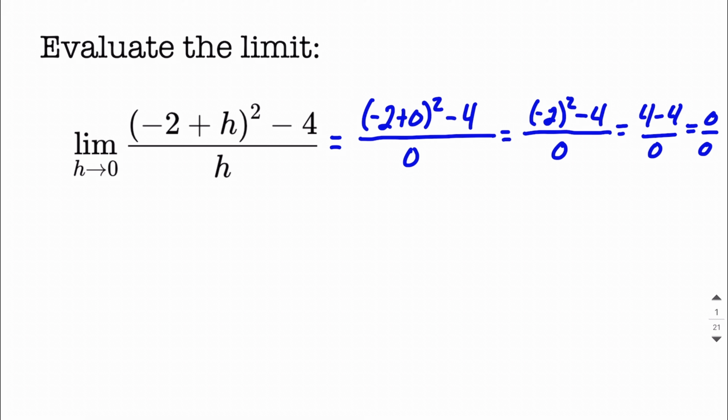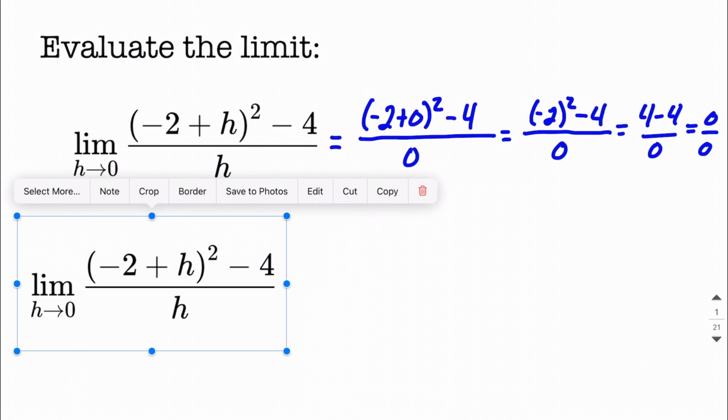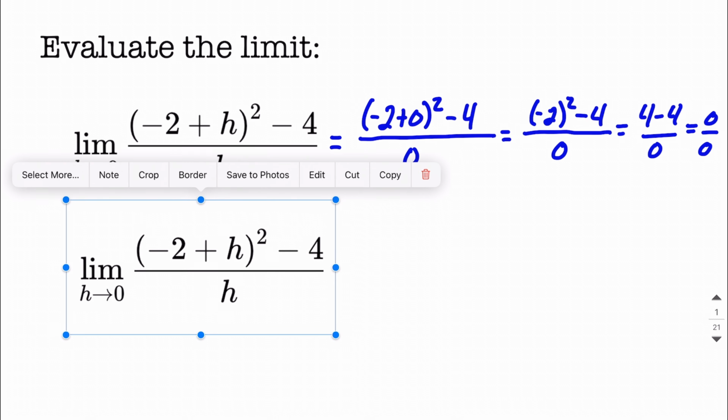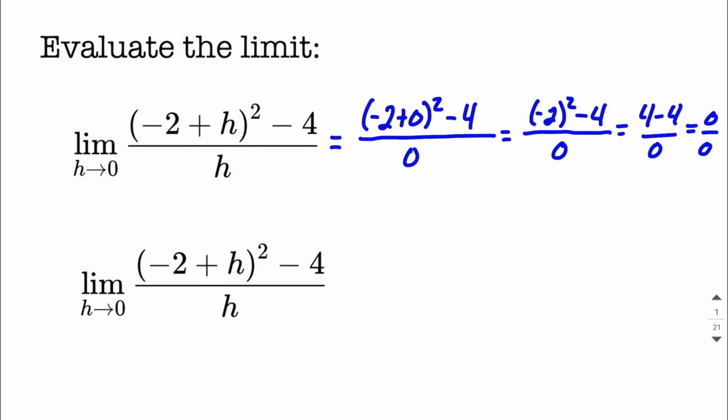It's also kind of telling us that because h makes 0 when we plug in 0 for it, we're probably looking for a factor of h in our numerator as well. So let's kind of start over. It's not really starting over, it's just beginning and thinking to ourselves, how can we simplify the numerator and hopefully find a factor of h?